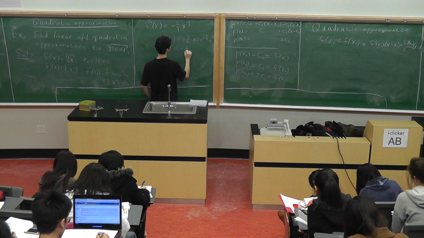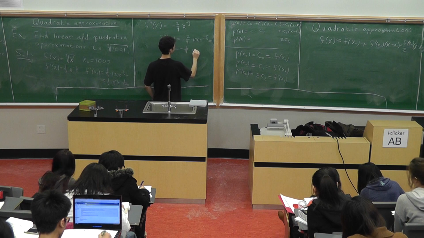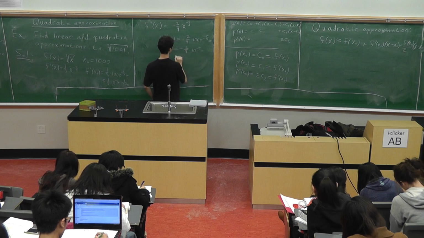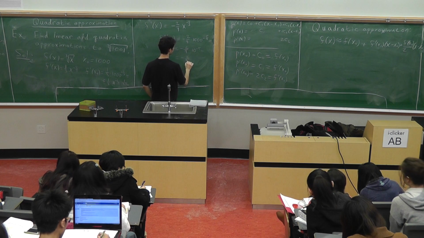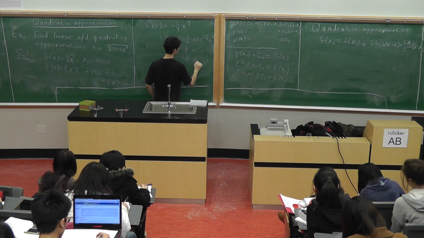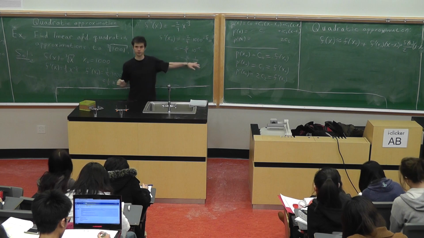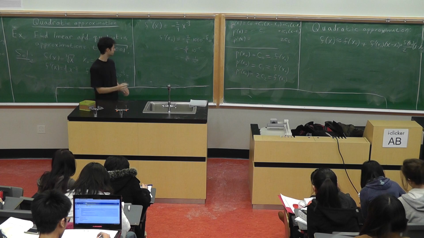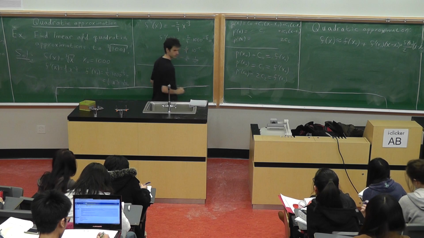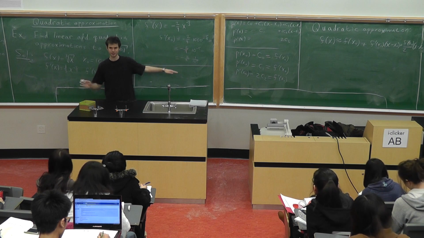So it's minus 2/9 times 10 to the minus 5, so it's minus 2/9 times 1 over 10 to the power 5. Just because I'm lazy to write zeros.